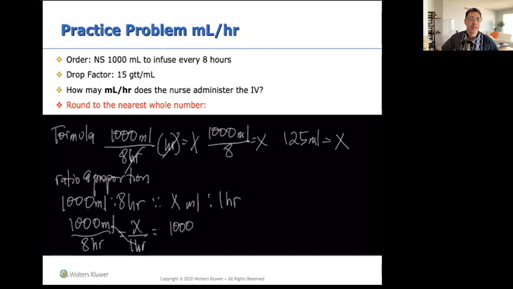1,000 ml over 8 hours equals X over 1 hour. There's my basic algebra, cross multiplication, X over 8 hours. Then you know I have to isolate the X. 1,000 ml over 8 will give me the same answer, 125 mLs.